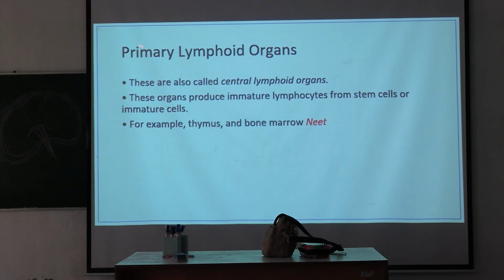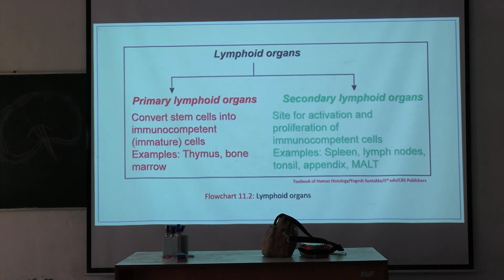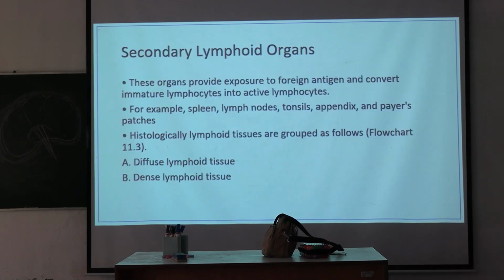Primary lymphoid organs convert stem cells to immunocompetent immature cells. Now, secondary lymphoid organs are the site of activation and proliferation of immunocompetent cells, for example, spleen, lymph nodes, tonsils, appendix.